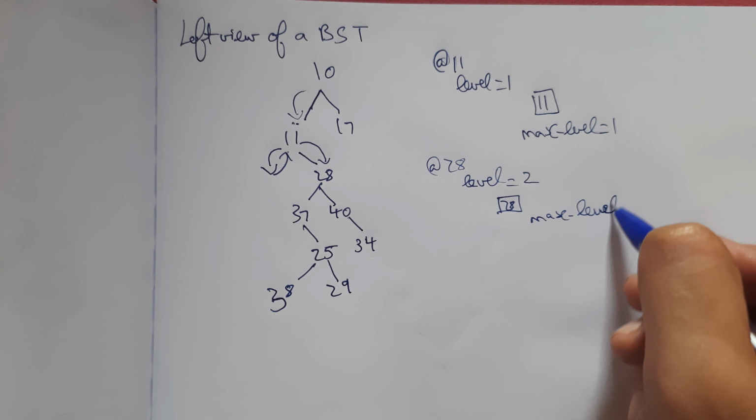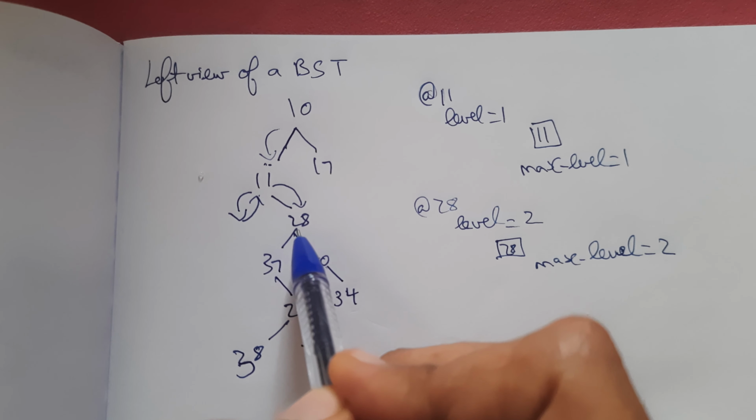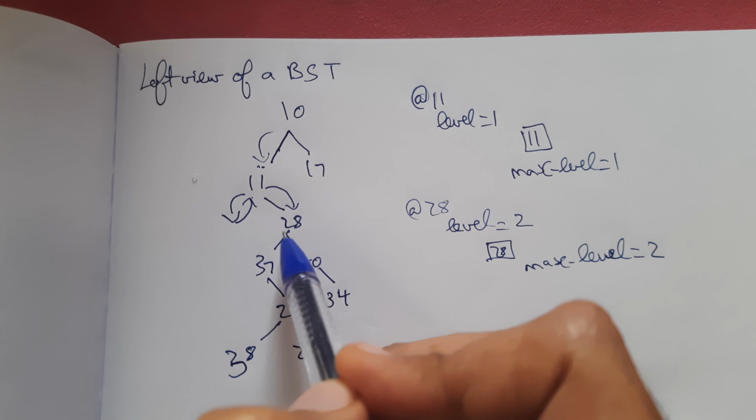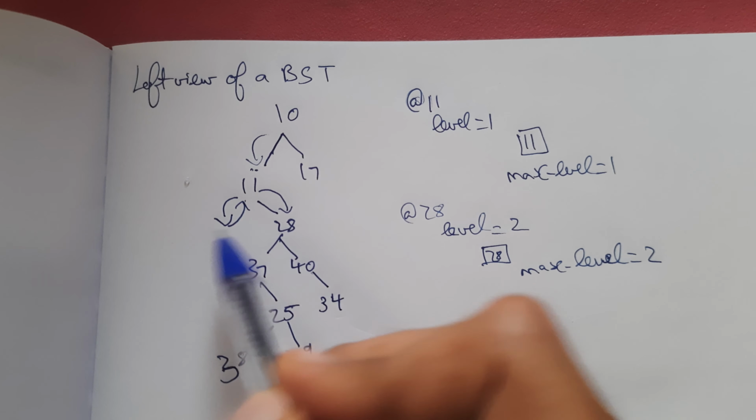I hope you get what's happening here. At every single node, we check if that node is the first node at that particular level. We saw if node 11 was the first node at its level. Since it was, it was printed and max level was assigned the value 1. Then we went to this node and checked if it is the first value at this particular level, which is the second level.